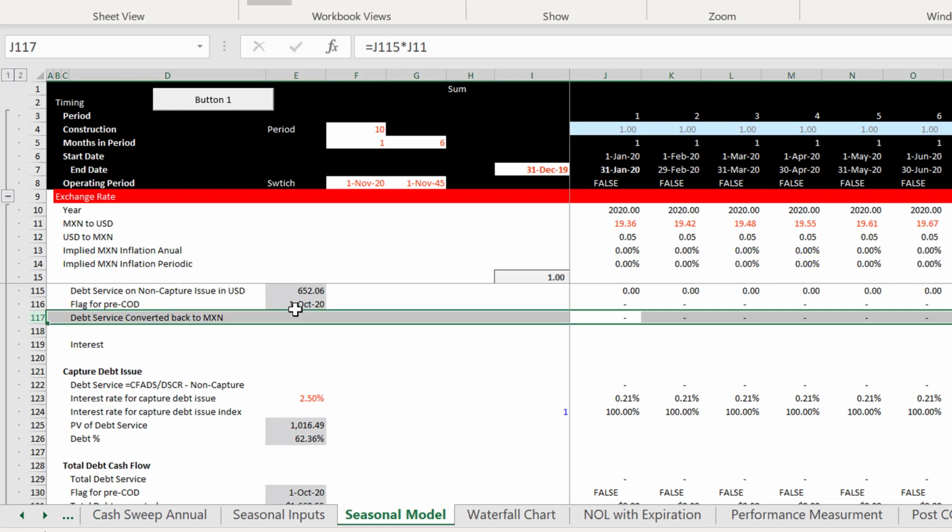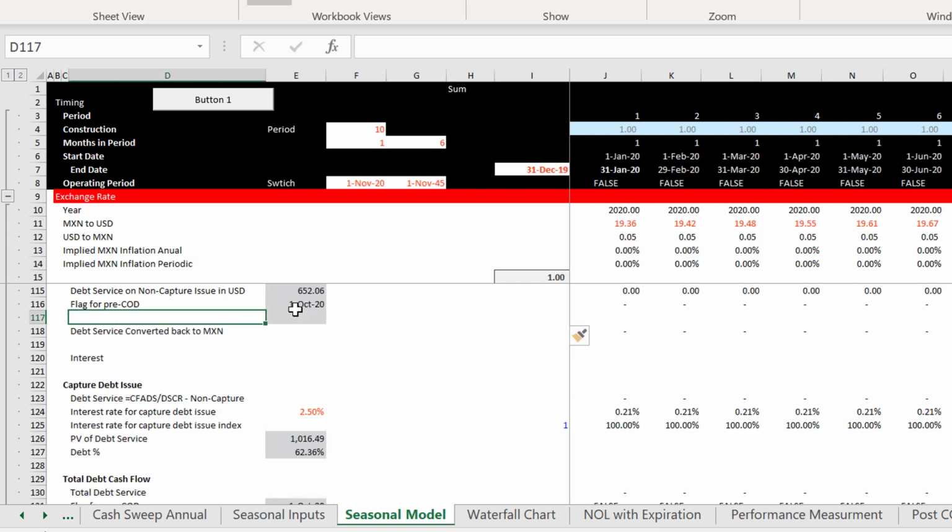Now we can put the initial debt or debt outflow at pre-COD in MXN. Let's find the rate, and let's put a lookup here.